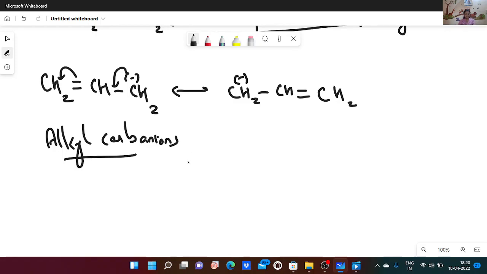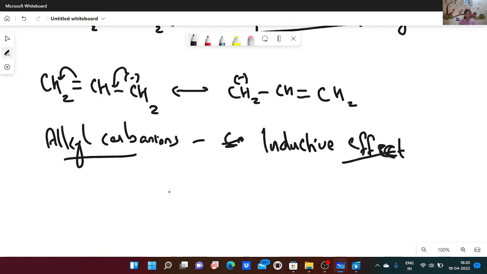Stability of alkyl carbanions is explained by inductive effect and hyperconjugation, as we said yesterday. And here stability is explained by inductive effect. Stabilization of carbanions by inductive effect is in the opposite direction from carbocation. Therefore electron releasing groups decrease the stability.